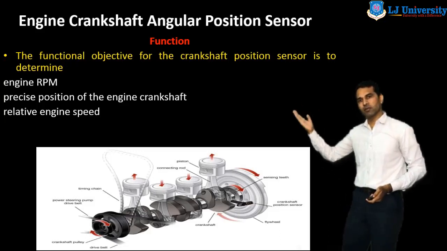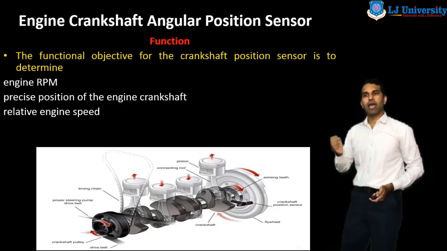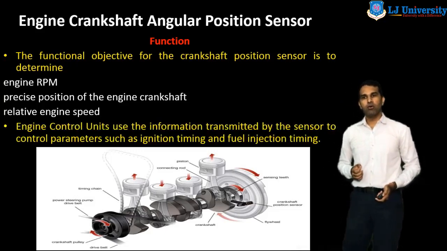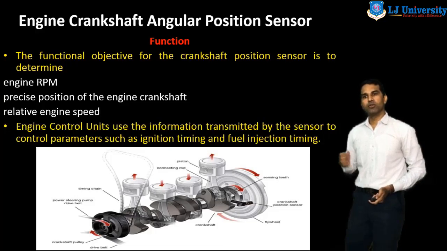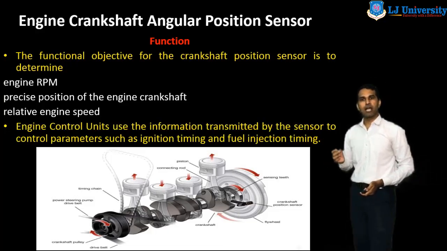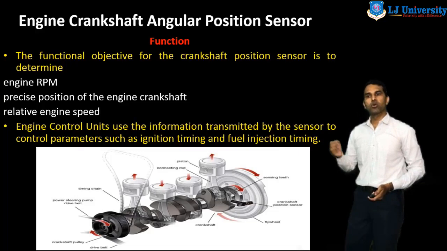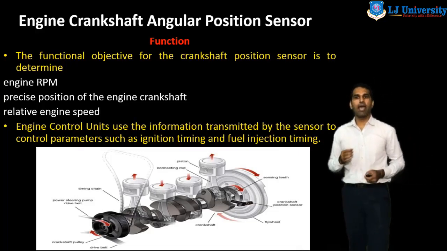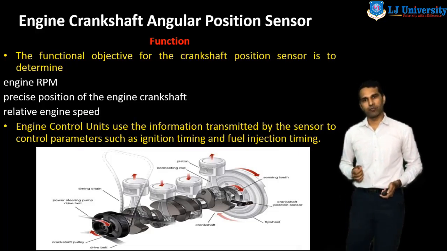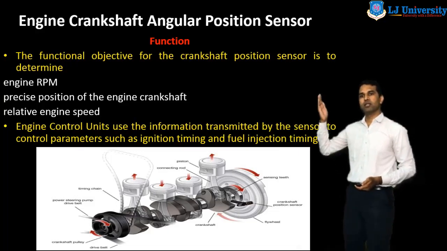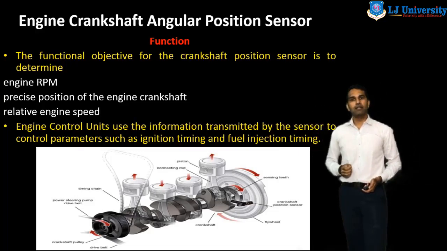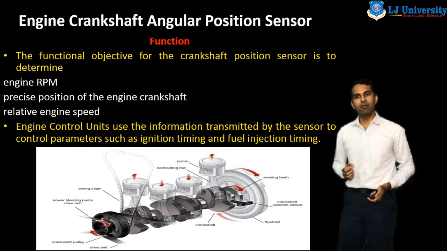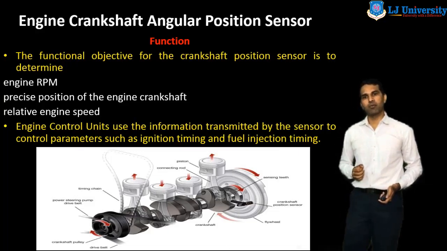The engine control unit uses the information transmitted by the sensor to control parameters such as ignition timing and fuel injection timing. So by using this sensor's data, the ECU controls the ignition timing and fuel injection timing.